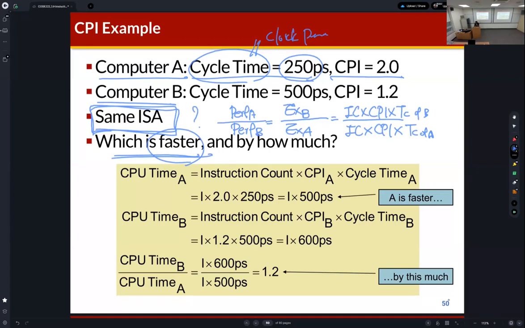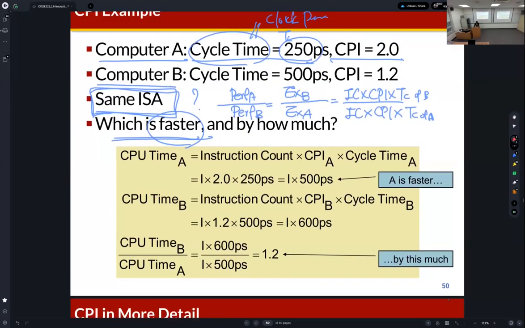We know the TC of A, the clock period of A here, right? We know the CPI, and we know the clock period.